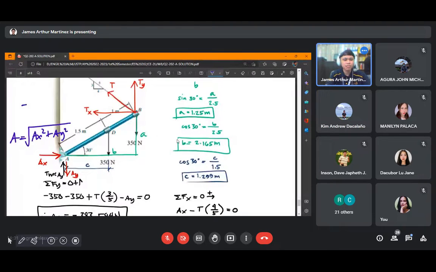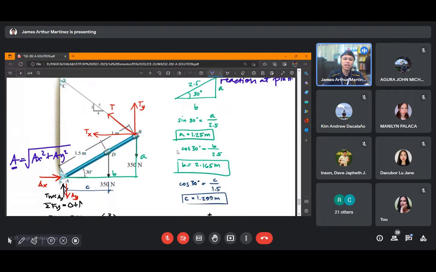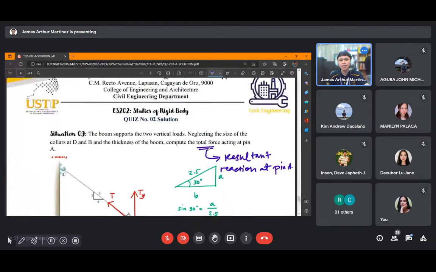So this total force refers to A, class. Not the total force of this system, not the resultant force of this system, but the resultant force of the reaction at A. So we must determine Ax and Ay to solve for the total force.